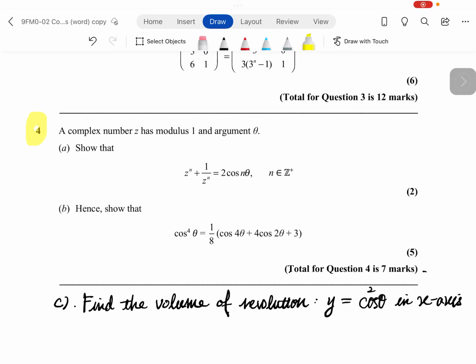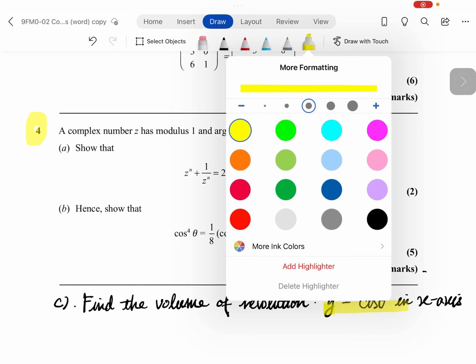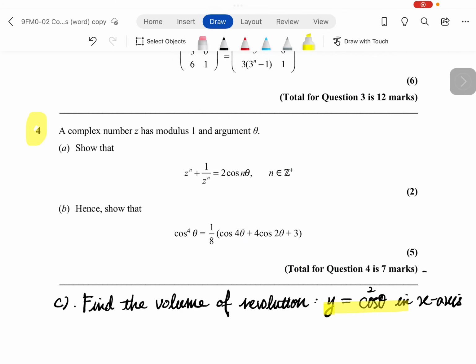So if I ask you, say, for y equals cos theta squared, I will ask you to find the volume of revolution about the x-axis. You basically can't integrate cos theta to the power 4 directly. But from part B, you can write it as the right hand side, and therefore you can then integrate it.